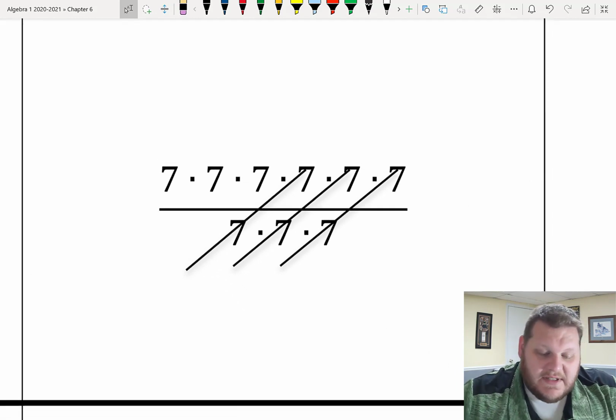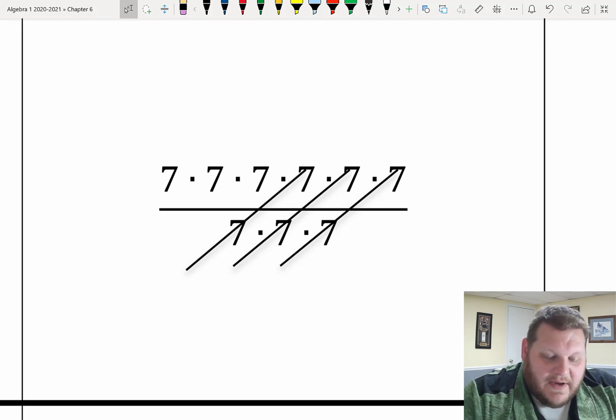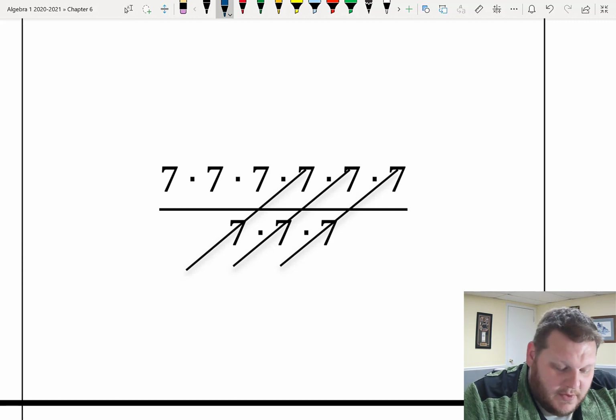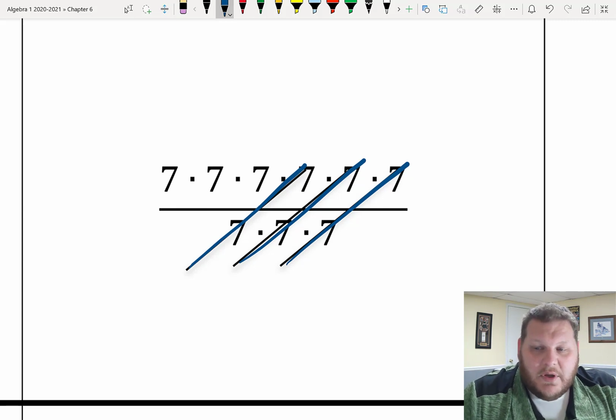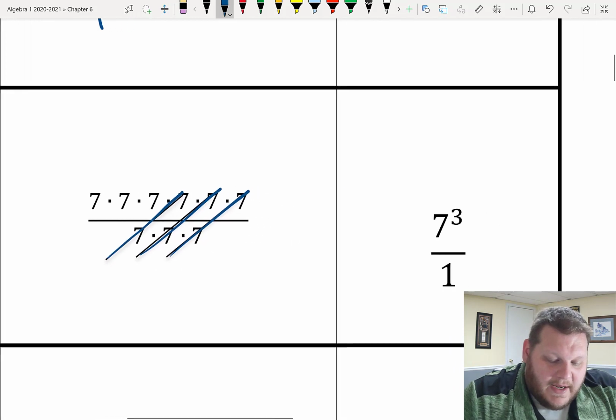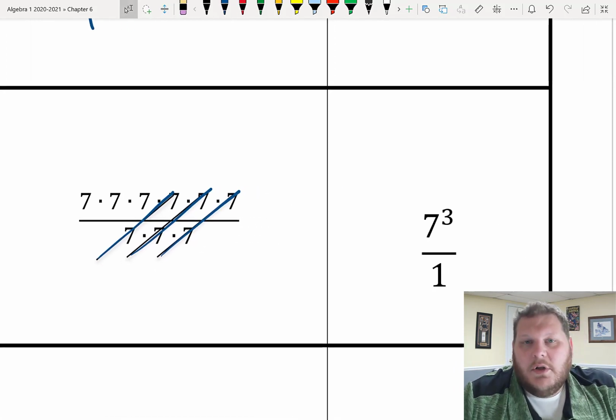Well, we can see we've got common 7s on both top and bottom. So I cancel out 1 pair, 2 pairs, 3 pairs, and I'm left with 7 times 7 times 7, which I could write as 7 to the 3rd power.